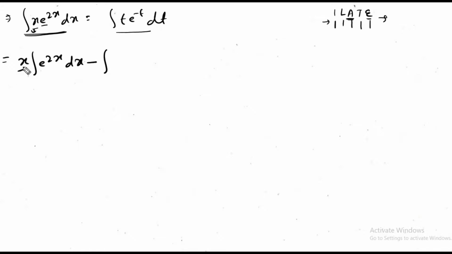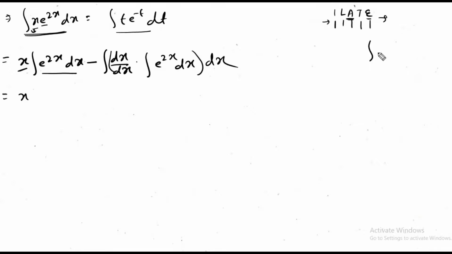Which function is taken out from the integration? Integrate this function x into dx. Okay, and further integrate these terms e to the power 2x into dx, and integrate the whole term. If we integrate e to the power ax into dx, then the solution becomes e to the power ax upon this coefficient, that is a.